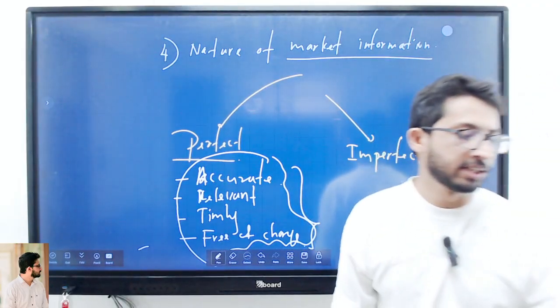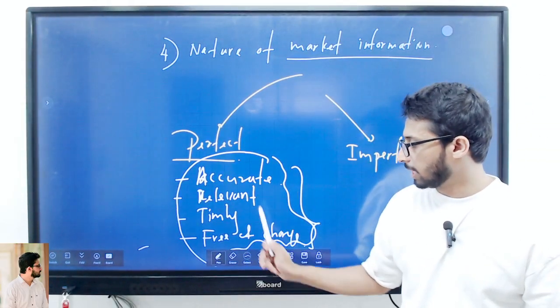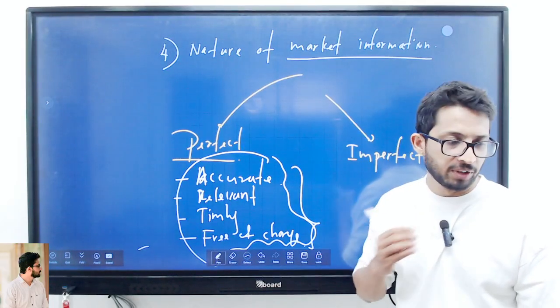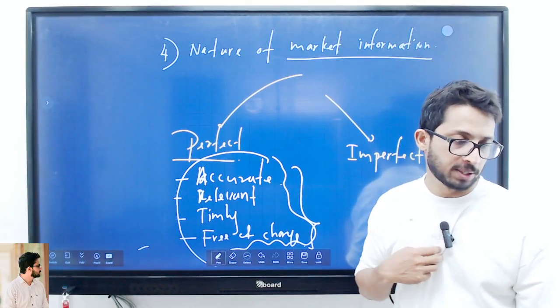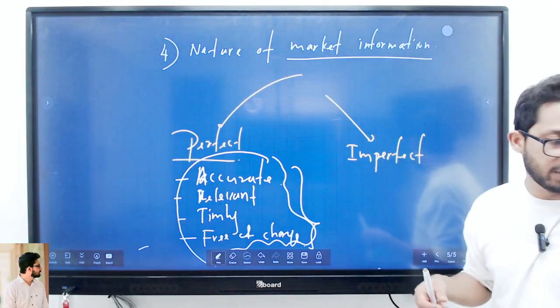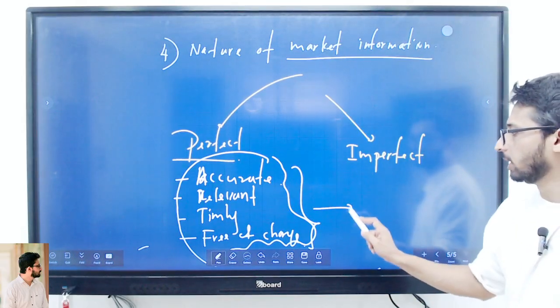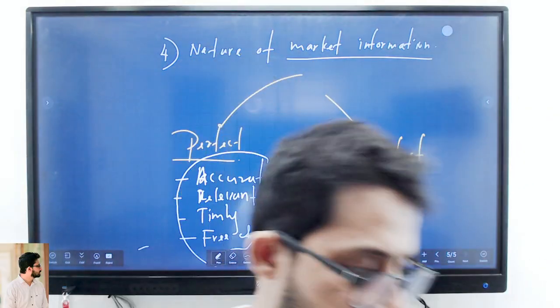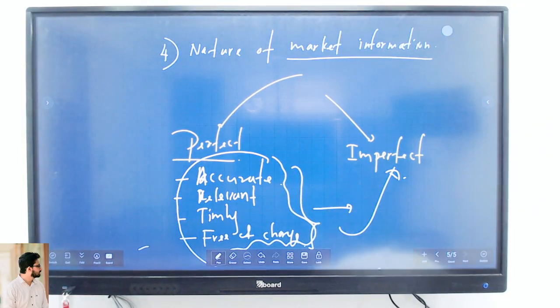But in most markets it is very difficult for us to get this information. If these 4 attributes are not available, that is called imperfect information. Did you get what I said? Any doubt?